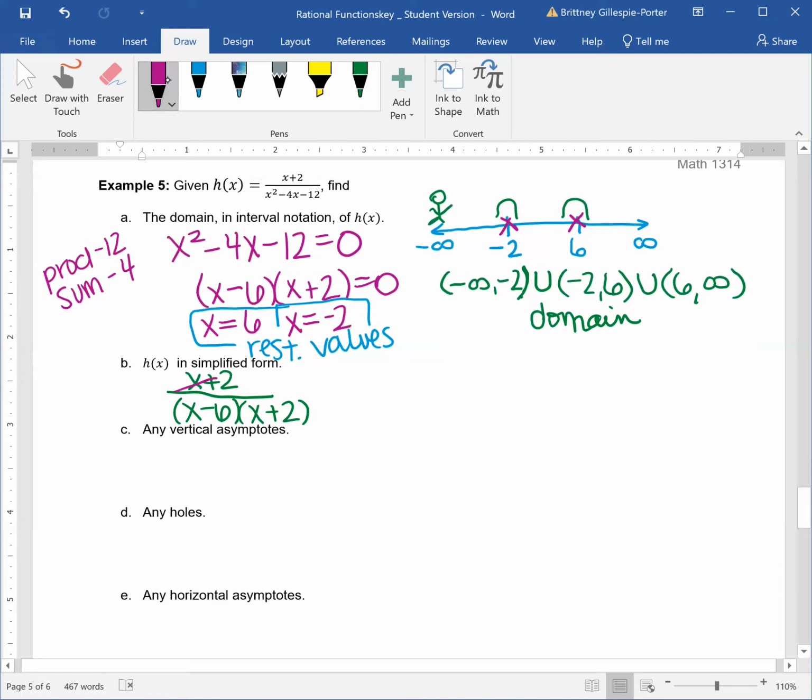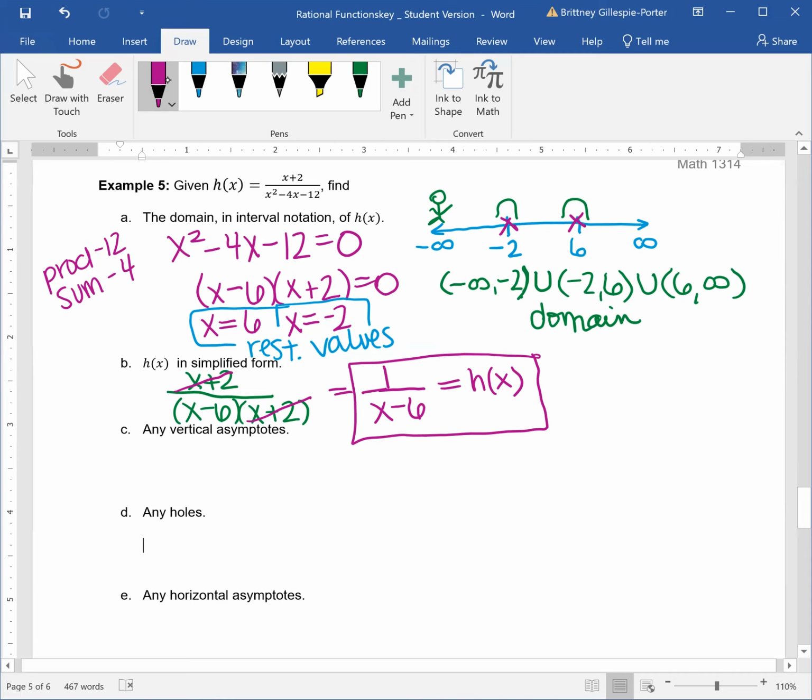Here, the x plus 2's take each other out. Remember, what happens in the denominator stays in the denominator. So the x minus 6 stays in the bottom, 1 is up top.